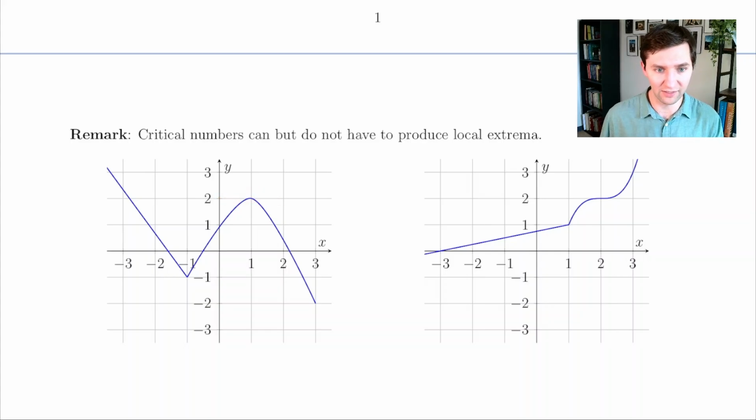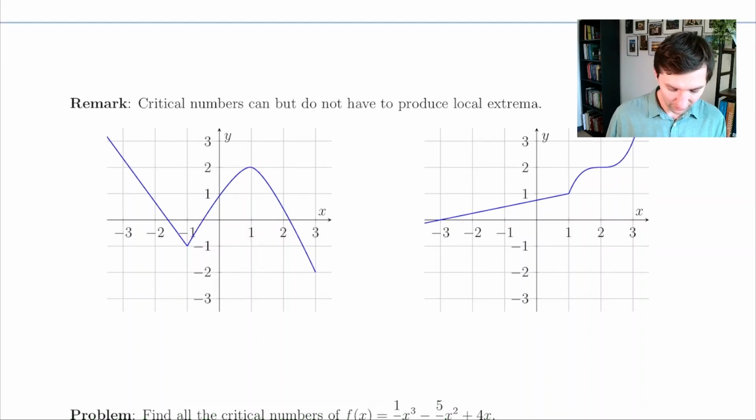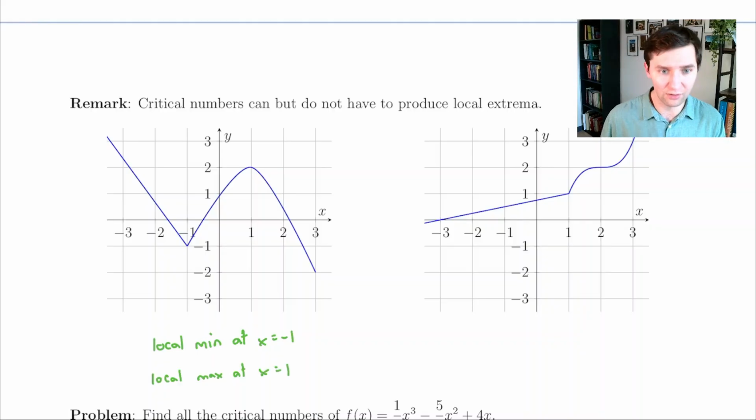And in both places, I have some kind of a local extremum. At -1, I have a local min, and at 1, I have a local max. Let's write that down so we remember that over here I have a local min at x equal to -1, and I have a local max at x equal to 1. So these critical numbers give us local minima and local maxima.